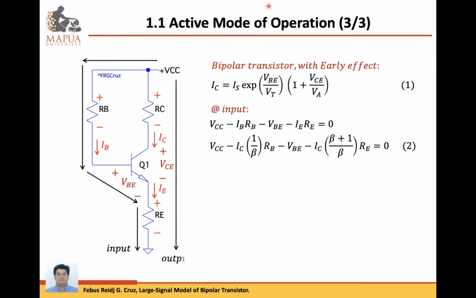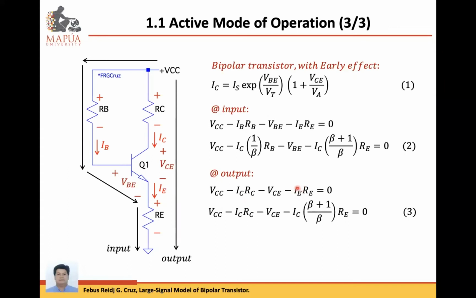And then another equation, we can derive the voltage equation along the output circuit. So this would be VCC minus ICRC minus VCE and then minus IERE. So at output, the voltage loop would be this, VCC minus ICRC minus VCE and then minus IERE.